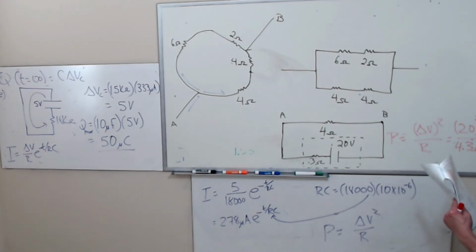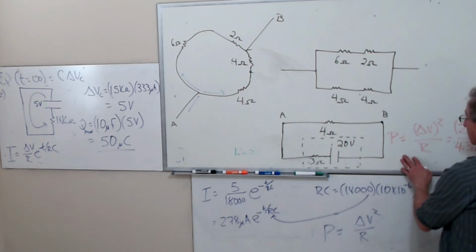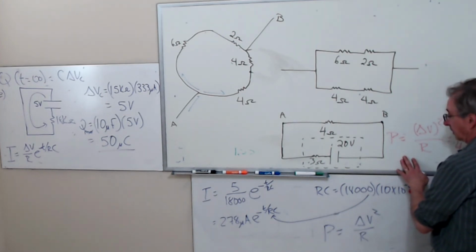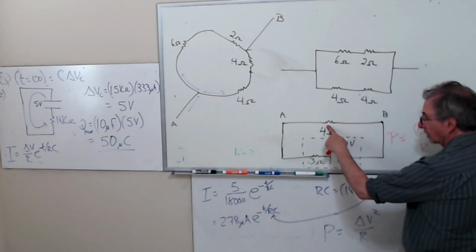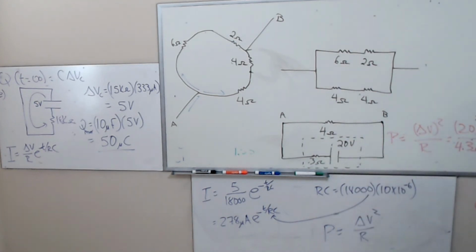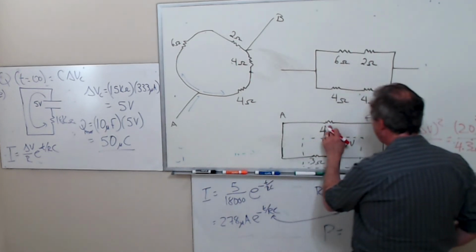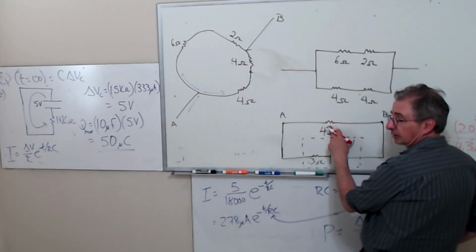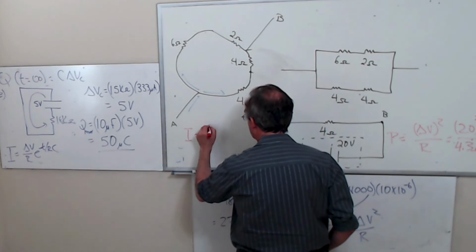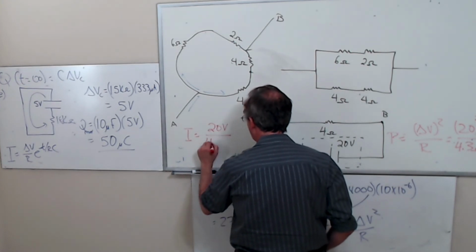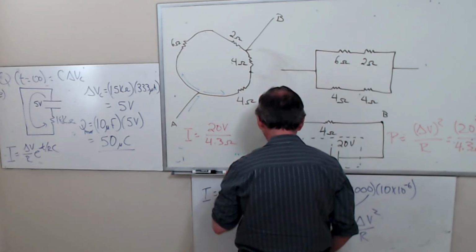How much power? Okay, so that's for the circuit. I guess they're not clear about what they mean. What I calculated is for the whole circuit, so maybe they want it for this. I don't show my work, unfortunately, on the problem. If they want this, then I have to find the current through here. So I is going to be 20 volts over 4.3 ohms.